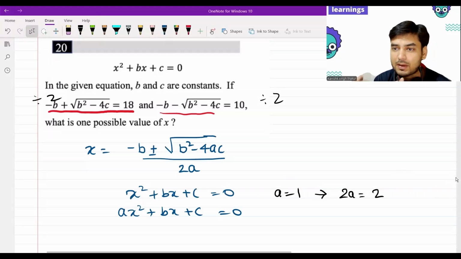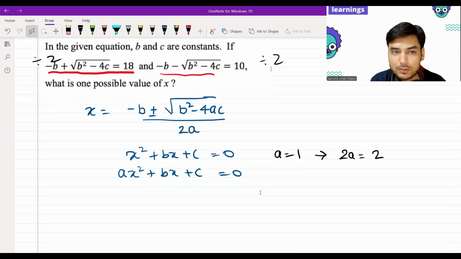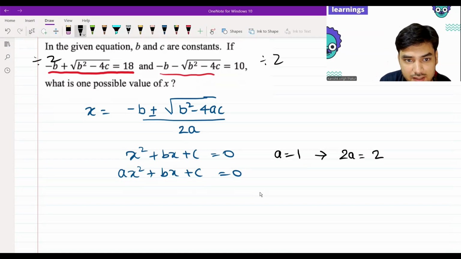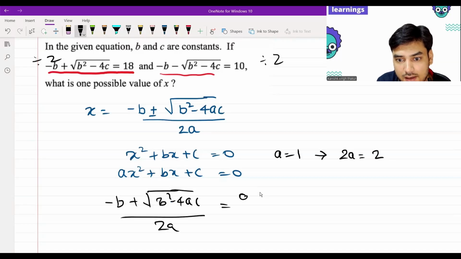Many people start finding the value of b and c and then put it again in the quadratic formula, and they get confused because it becomes so complicated. So if I divide this by 2, I'll get minus b plus under root of b square minus 4ac upon 2a, and a is 1. So you get this as 9 and again this as 5, right?